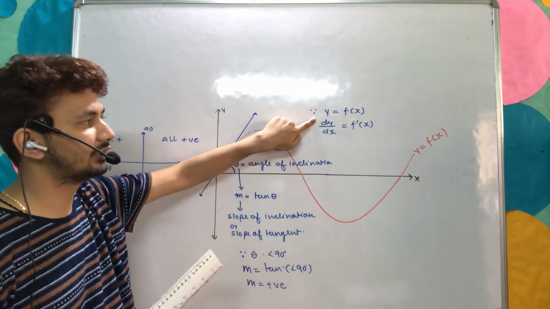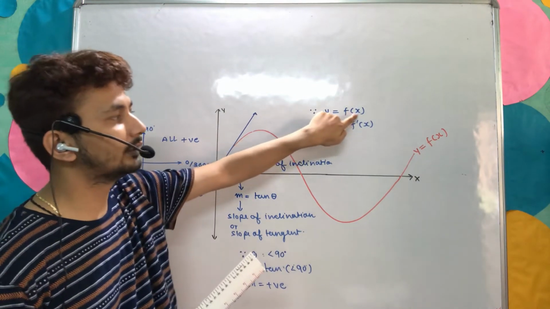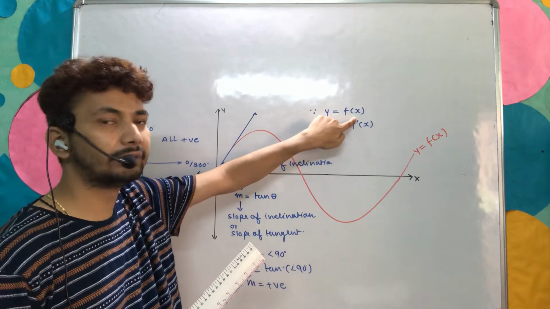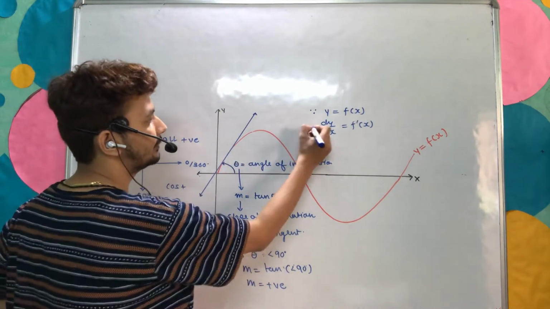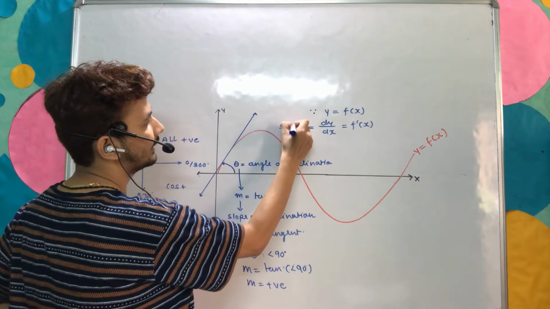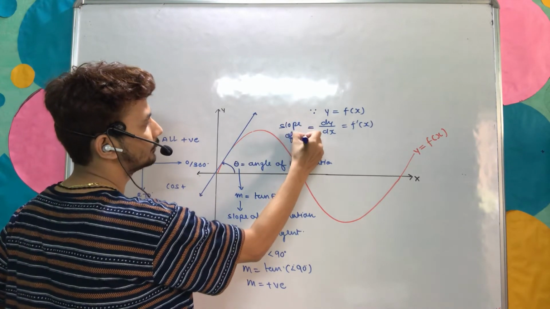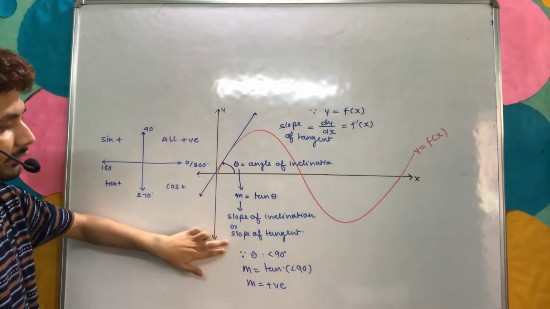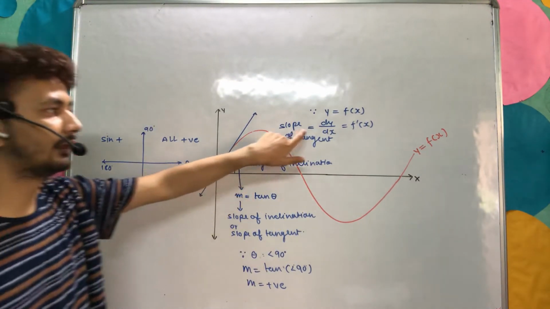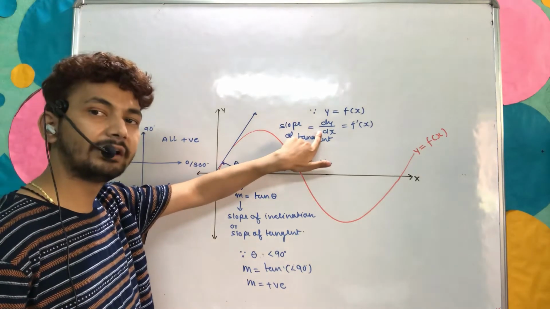Now I am differentiating the dependent variable with respect to the independent variable to get dy by dx, and this dy by dx tells me the slope of the tangent.